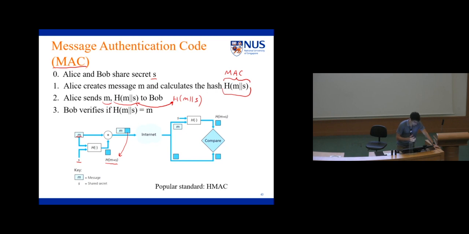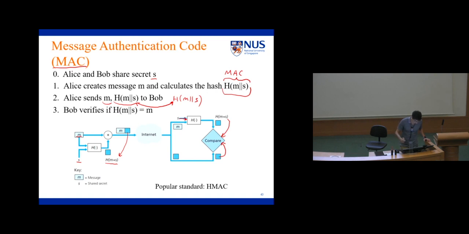Bob received both the message and the message authentication code, H of M concatenate S. So Bob added that same shared secret to the message and computed the hash, and then he compared whether this MAC equals the MAC he received from Alice. And if that is equal, that means the message must have come from Alice, and the message must not be tampered with on its way to Bob.